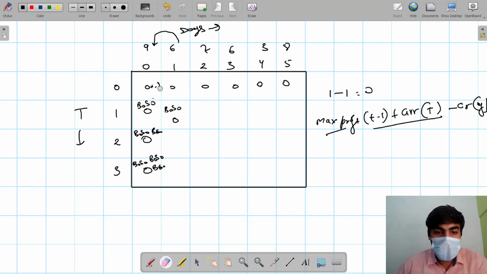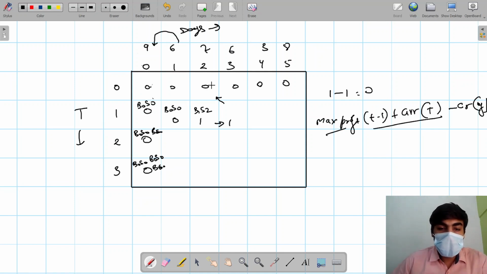I am first removing these so that they cannot interrupt us. I am putting 1 here. Buy at 1, sell at 2. We are selling on that day and buying on that day. Now come to that point. The first option is we take this as it is, or we calculate for the previous day with transaction minus 1.